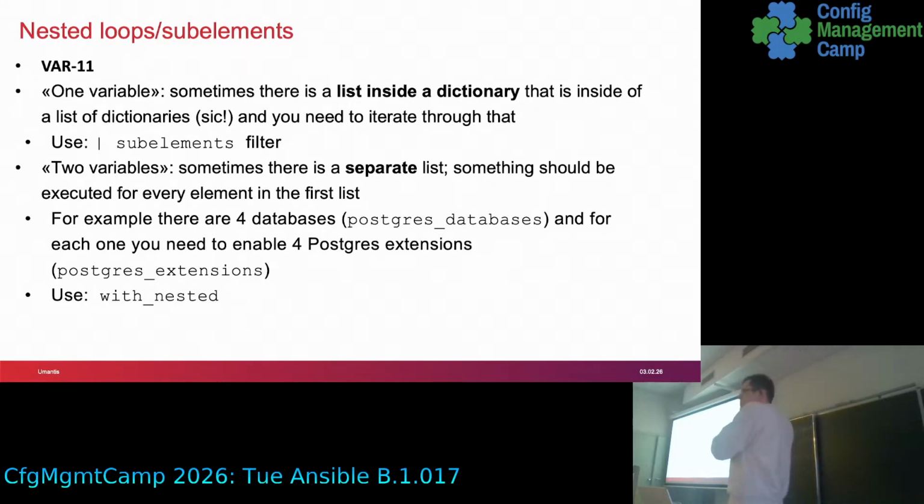So there are tools: subelements will allow you, in case you have everything within one variable; in case you have two variables and you are iterating using the second one, then it's with nested. But I think that there could be another syntactic option, but I don't remember that.